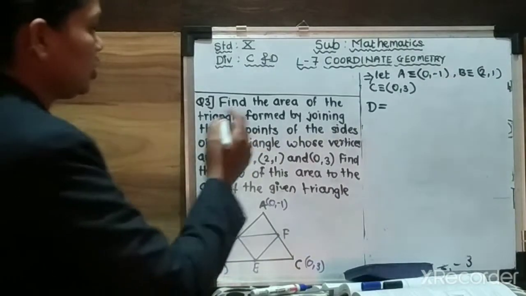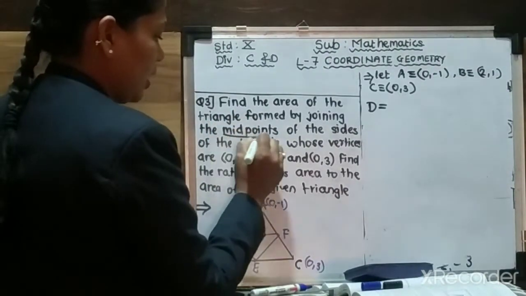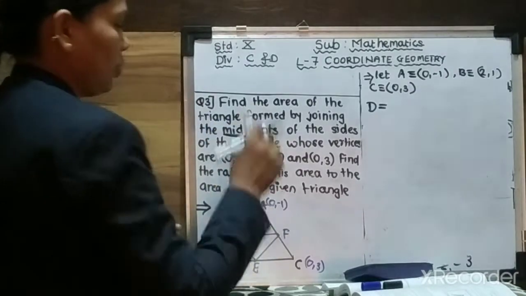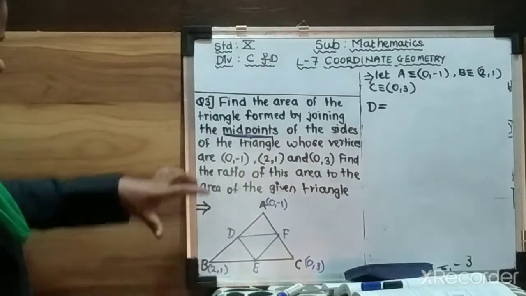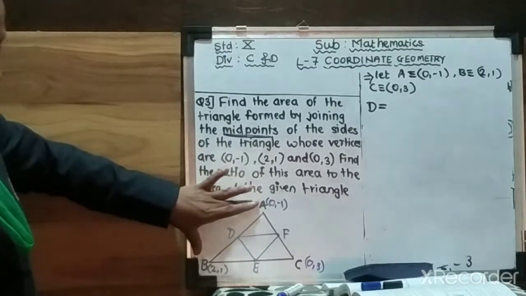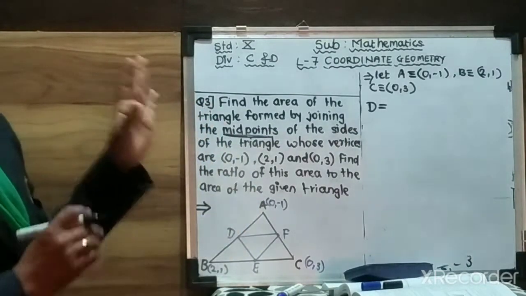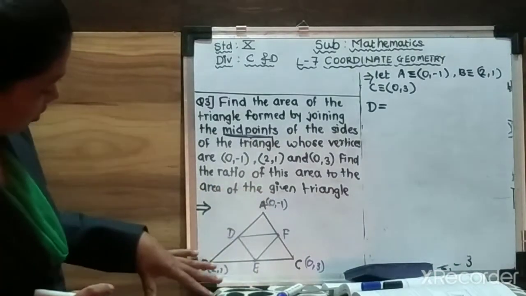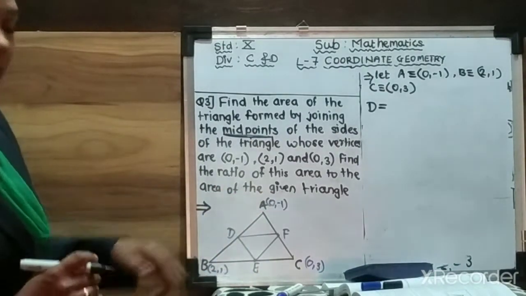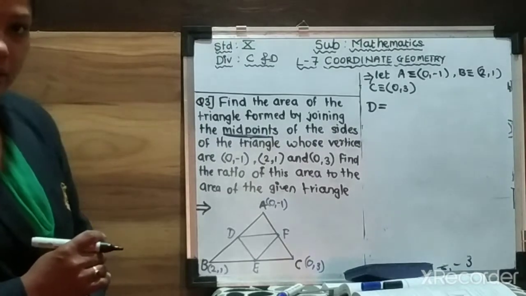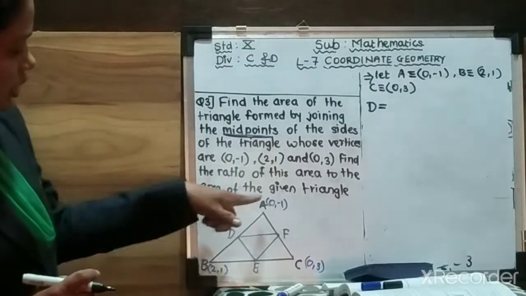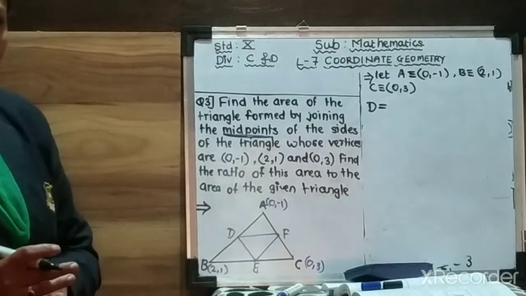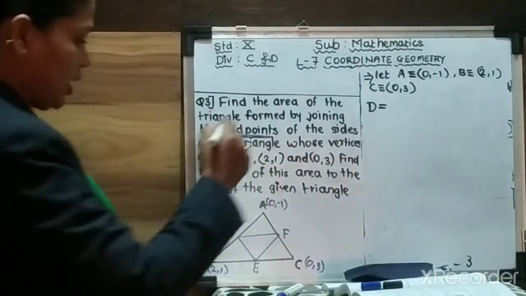As in the question it is given that these are the midpoints, right? These are the midpoints. So the midpoint formula we know, na? So D is the midpoint of AB. So how will we find it? Simply, X and Y we are just going to add, right? So X1 plus X2 and Y1 plus Y2, each divided by 2. So the X and Y coordinates we are going to find out.